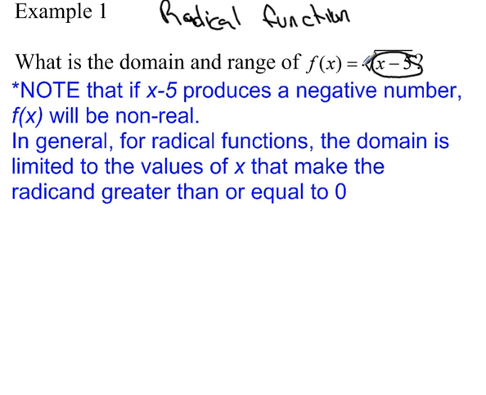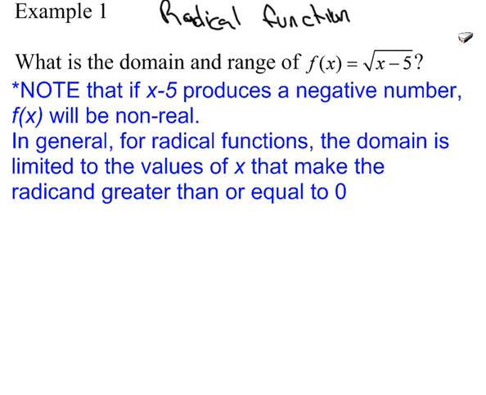In general, for radical functions, the domain is limited to the values of x that make the radicand greater than or equal to 0. And so, in other words, we want to know what are the values of x that give real solutions, and that's our domain.